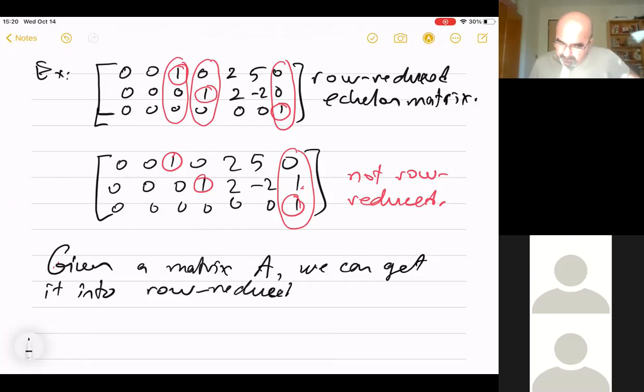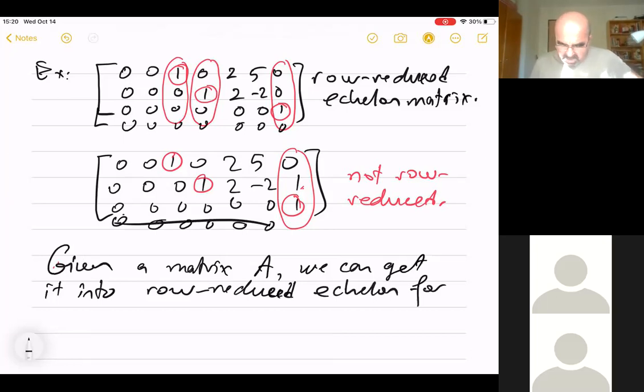By the way, if in the last columns everything is zero, that's also row reduced. For example, if you write everything zero here, this is also a row reduced echelon matrix. Given a matrix, we can get it into the row reduced echelon form by some operations.